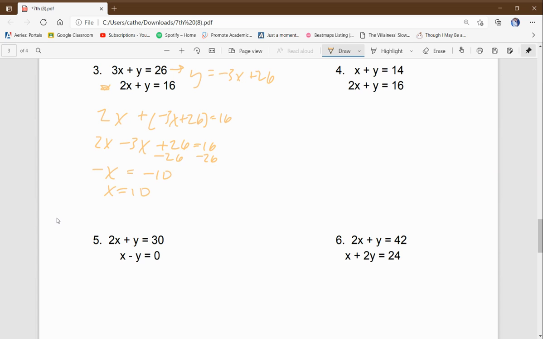So x equals 10. Then we add it back. So let's add to this one again. That'll be 20 plus y equals 16. Well, we have to subtract 20. So y equals negative 4.